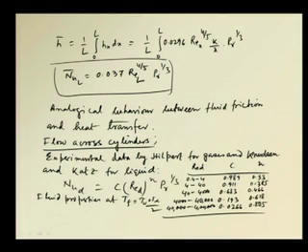Again, the Reynolds number is based on the cylinder diameter and free stream velocity. So Re_D is D V infinity rho by mu. D is the diameter of the tube, V infinity is the free stream velocity, rho and mu are the properties of the fluid, and these are to be evaluated at film temperature.